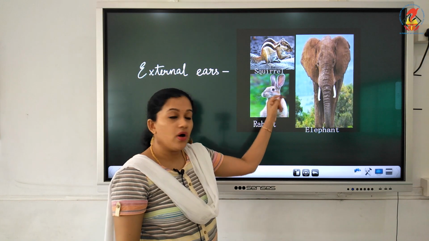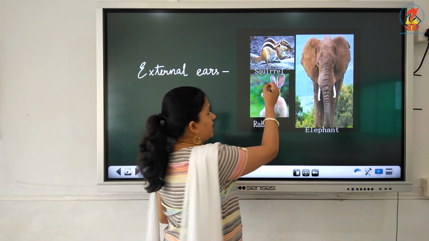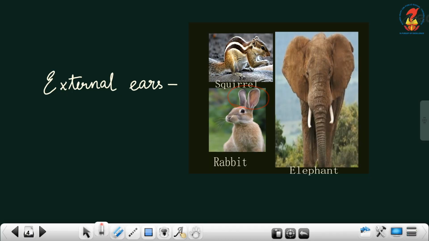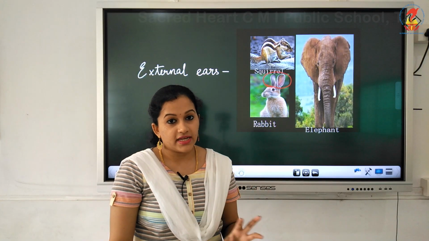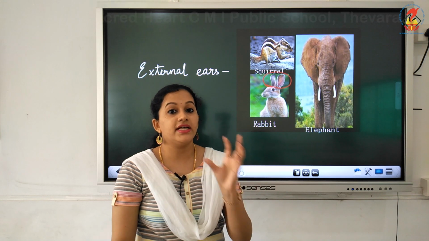If you look at the long ears of a rabbit, just by seeing the long ears, you know that it's the ear of a rabbit. So some of the animals, we can recognize by their ears.